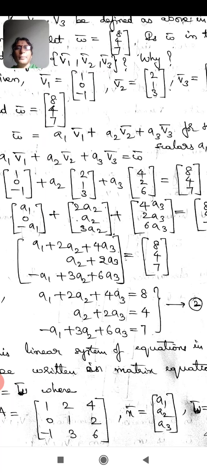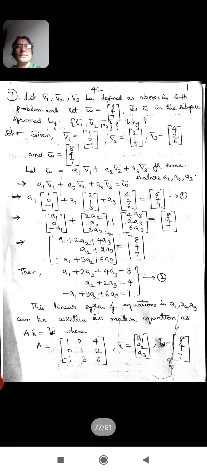These are obtained by using scalar multiplication of matrices. And on the right hand side we can see there is w bar, a column vector consisting of 8, 4, 7 as the entries.